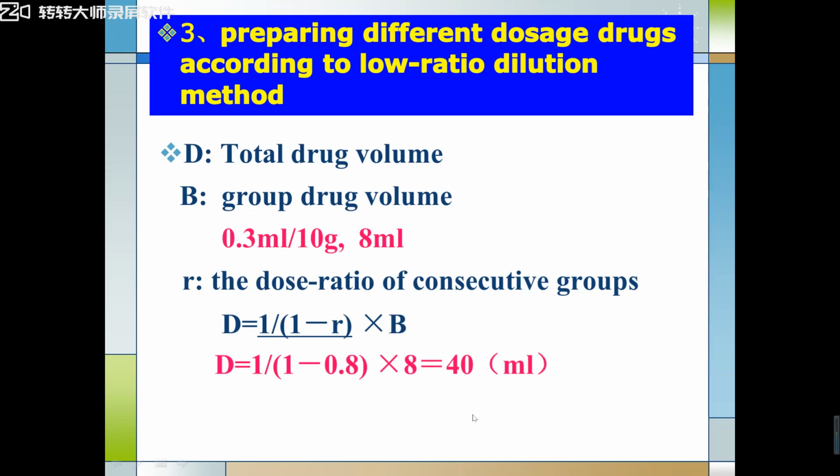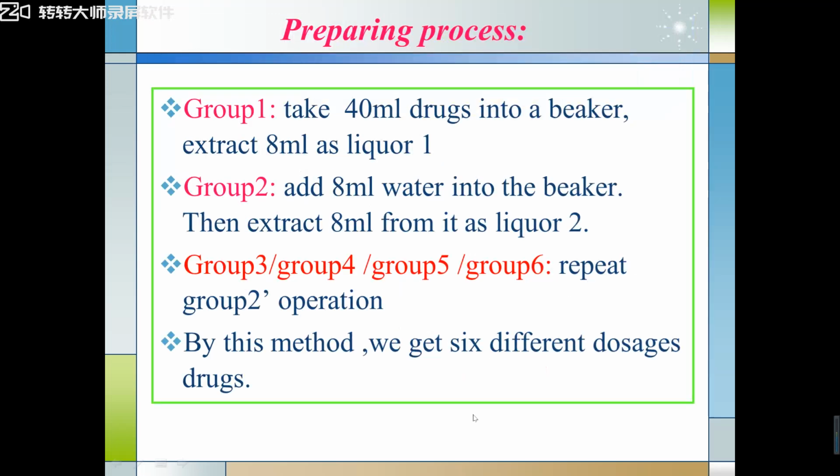So next step, we will prepare the drugs. Just now I said different groups use different dosage drugs. The first group, do you remember? You use the D max, 10 milligram, which is 10 gram.